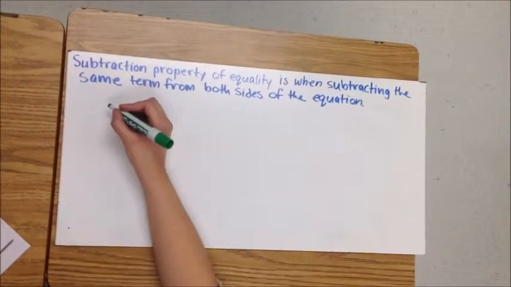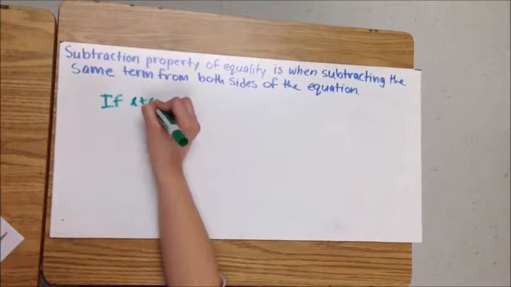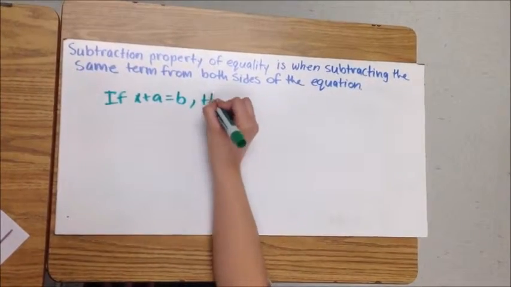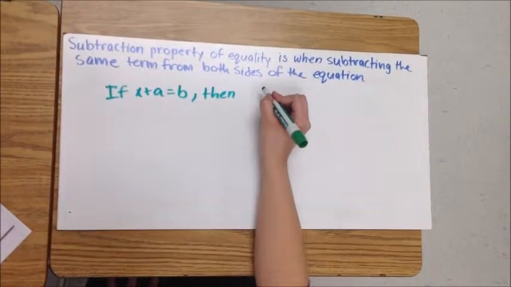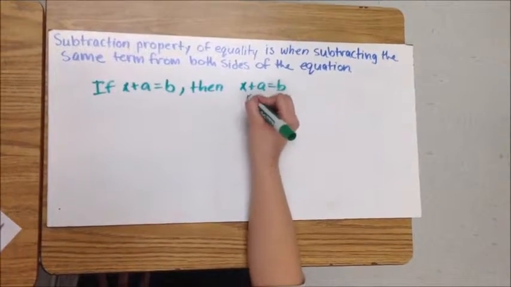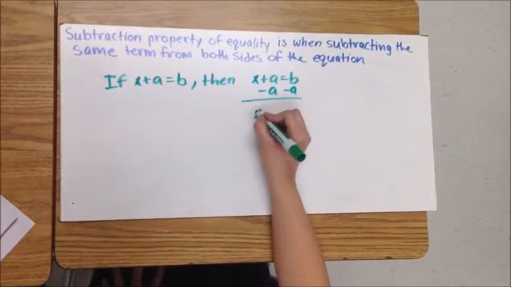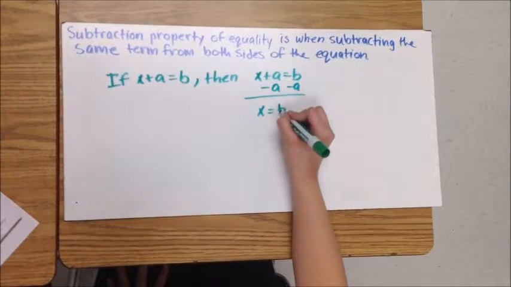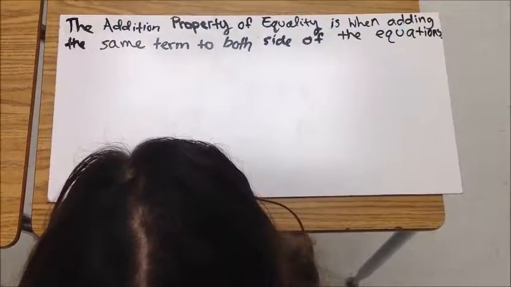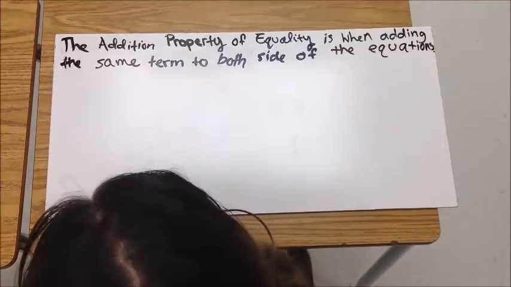The subtraction property of equality is when subtracting the same term from both sides of the equation. So if x plus a equals b, then we would subtract a from both sides of the equation, and we would get x equals b minus a. The addition property of equality is when adding the same term to both sides of the equation.